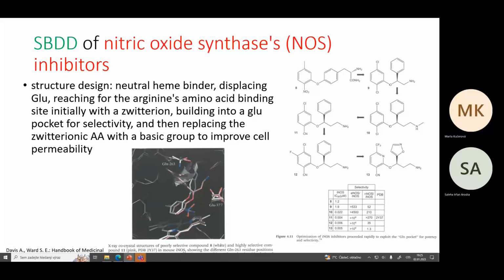So the scientists found many inhibitors. They also tested the selectivity against the 3 isoforms of the enzyme, and compound 8 was the best one, maybe 9 also.